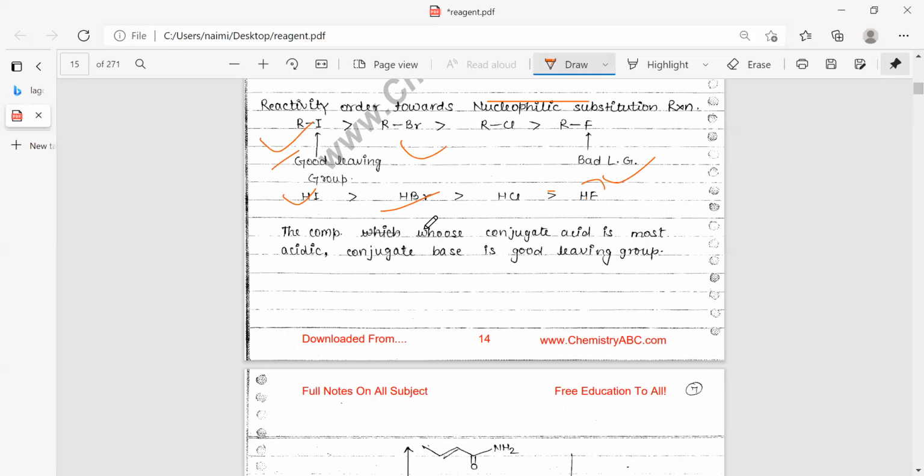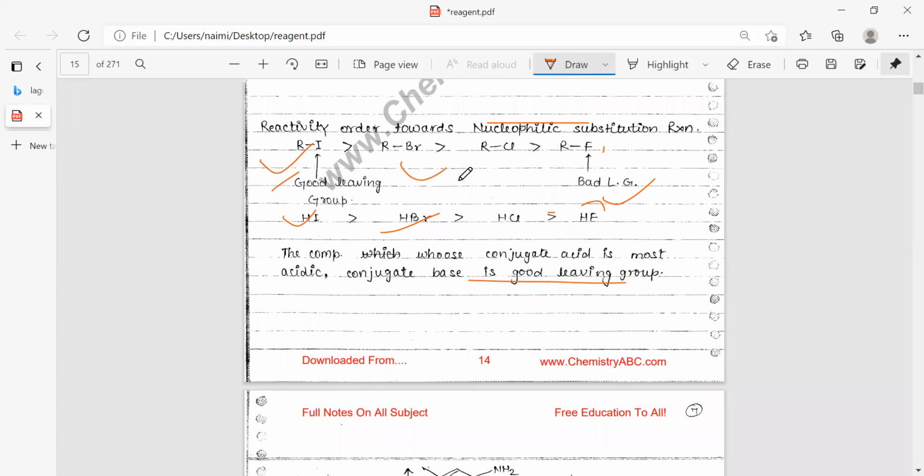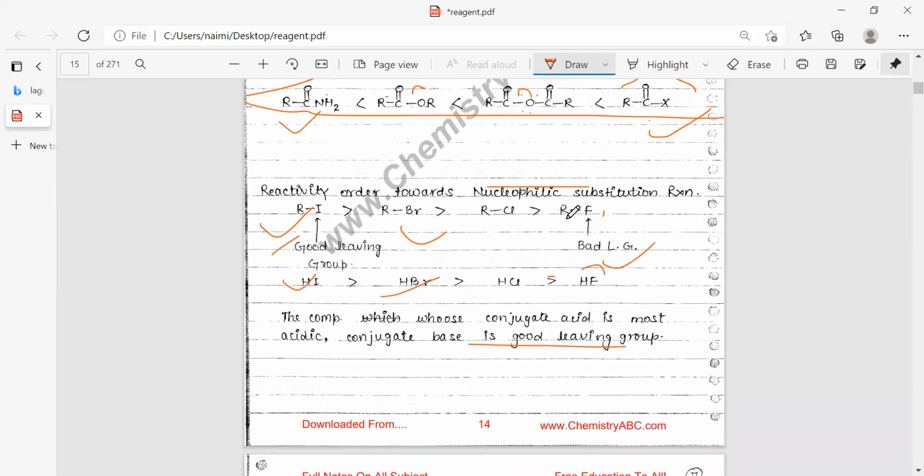So the compound whose conjugate acid is most acidic has a conjugate base that is a good leaving group. Which one is acidic? The compound whose conjugate acid is most acidic, which conjugate acid is it? This one, not this one. Conjugate acid, if you see this one, is a good leaving group.